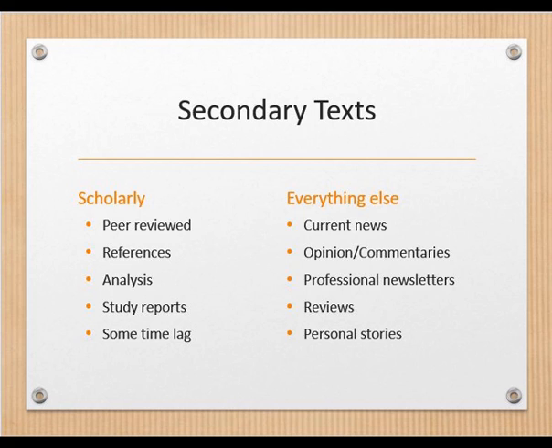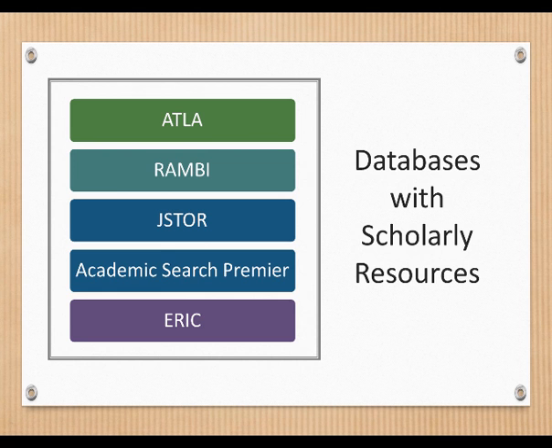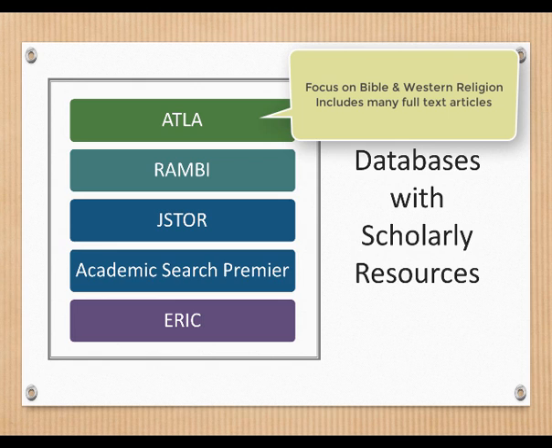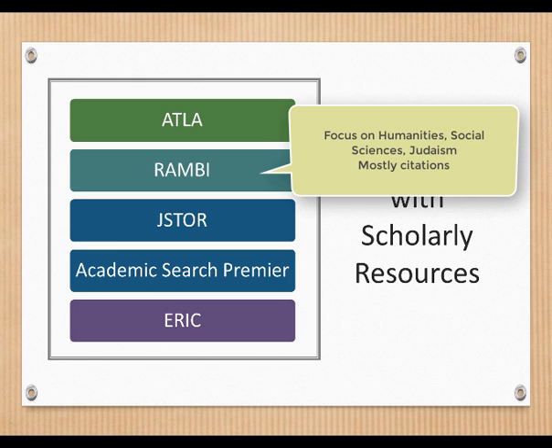On the other hand, there's everything else, such as current news, opinion pieces and commentaries, professional newsletters, reviews, personal stories. So neither one is better than the other, but they do serve different purposes. Here again is a quick overview of the databases we have with secondary texts.